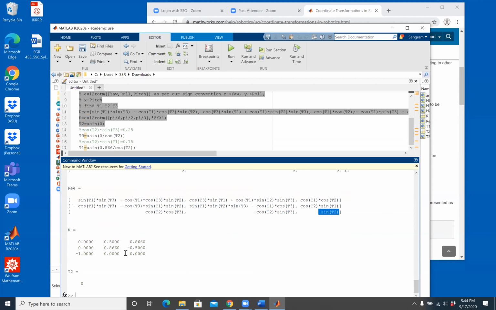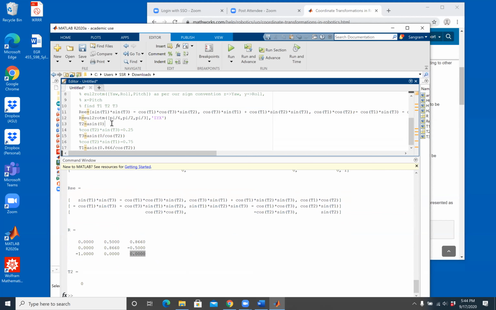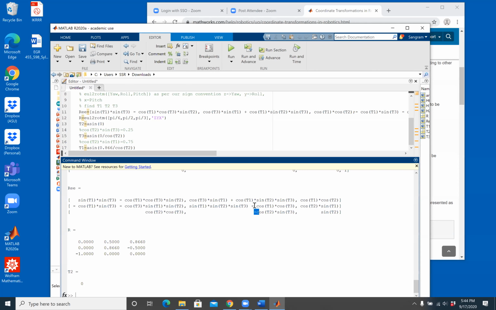Sine T2 is 0. So what this means is T2 is A sine 0. Then I need to use a second term. I can use any term, that's totally fine. I can do cosine T2 and cosine T1.